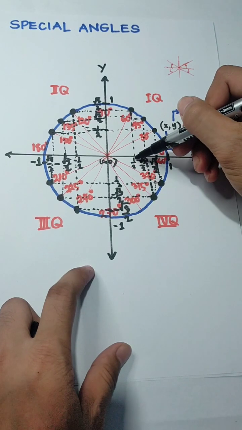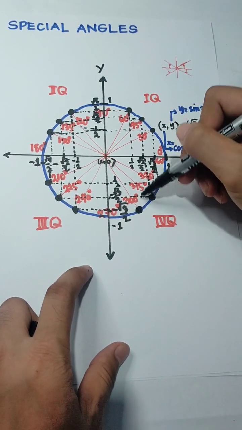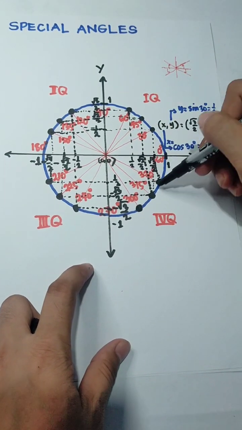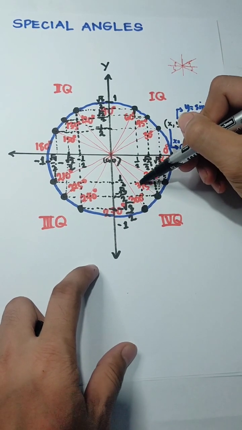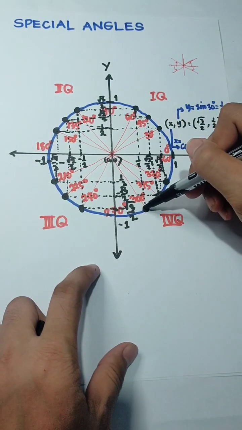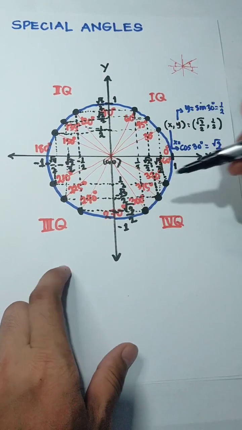And for the 60 degrees of the fourth quadrant in reference angle, the standard angle is 300 degrees. So the x value is 1/2, and the y value is negative square root of 3 over 2.